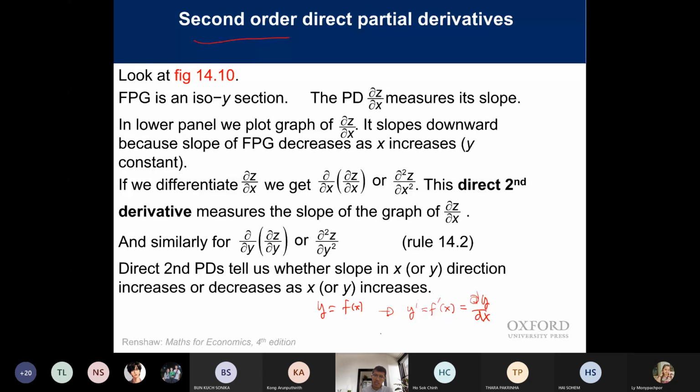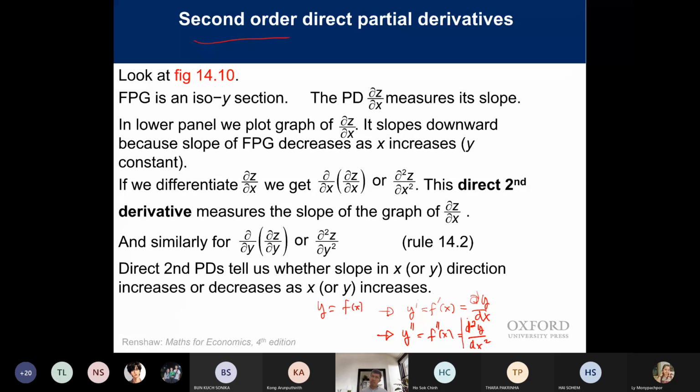And how about the second derivative? You denote it by y double prime or f double prime, or you can denote it by d squared y over dx squared, right?